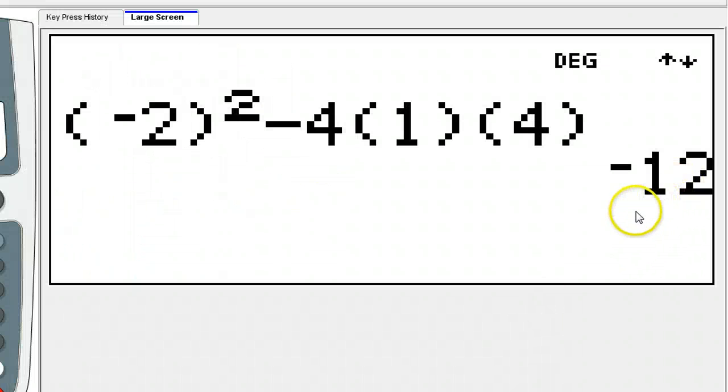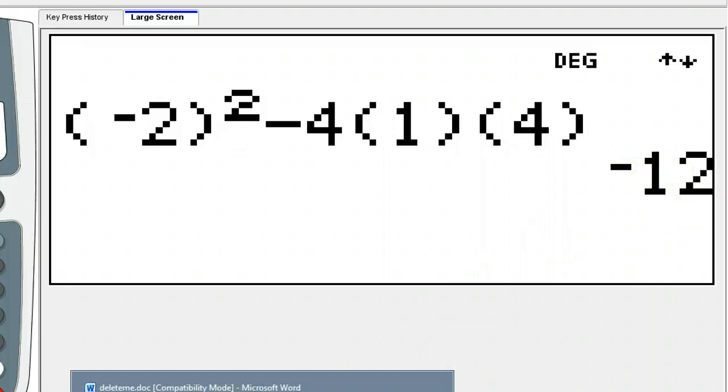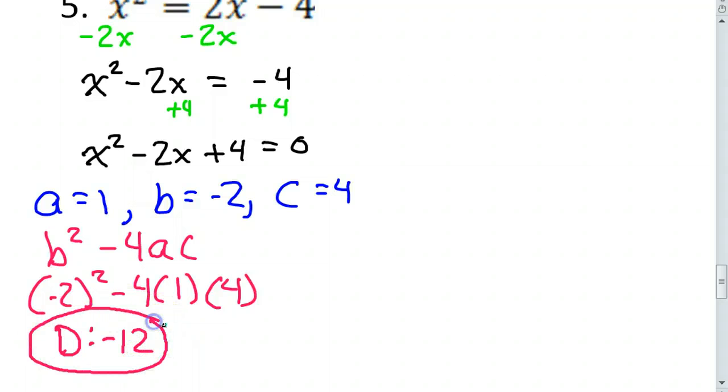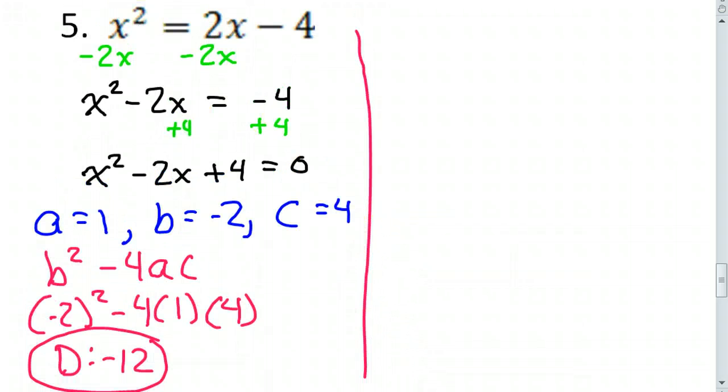That is negative 12. Imaginary solutions are coming. Okay, so the discriminant is negative 12. That's away for later. But now let's go ahead and do the rest of the quadratic formula.